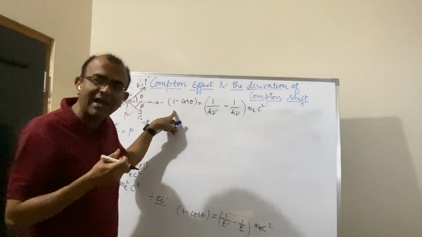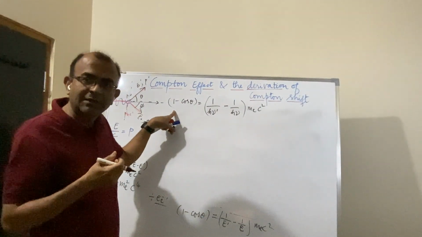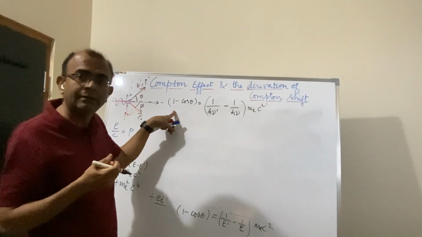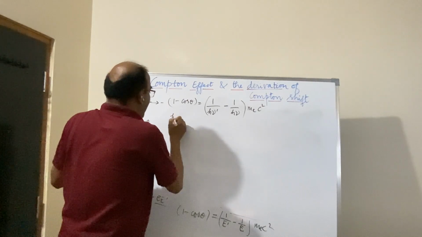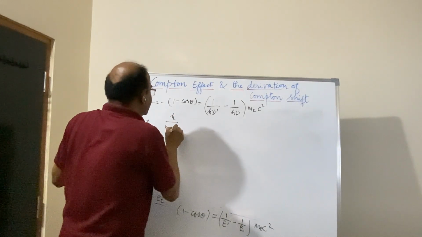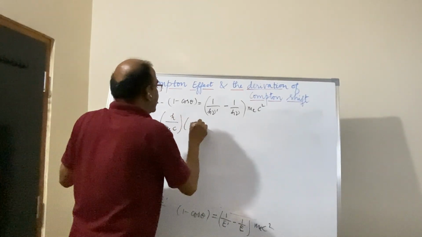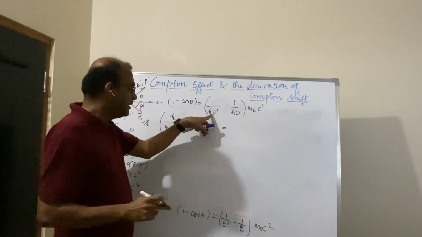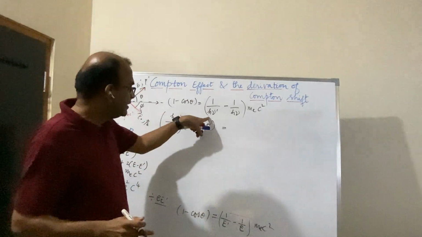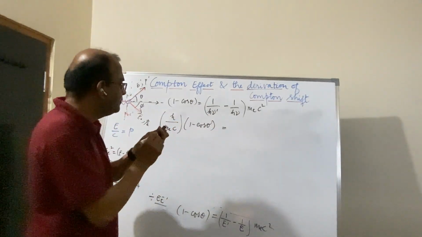Now if I multiply by h and divide by m_e c on the left side, I would have h over m_e c times 1 minus cos theta on the left side. On the right hand side, when I multiply by h, the denominator h would go off.